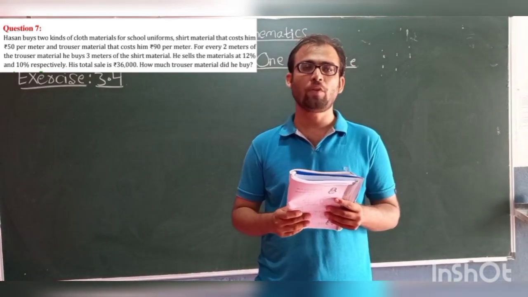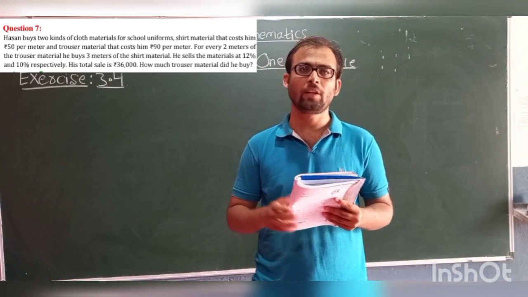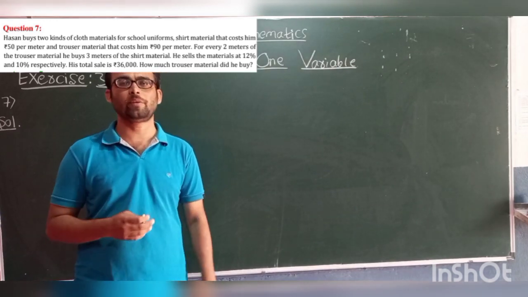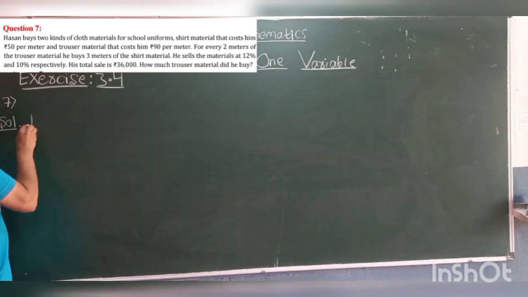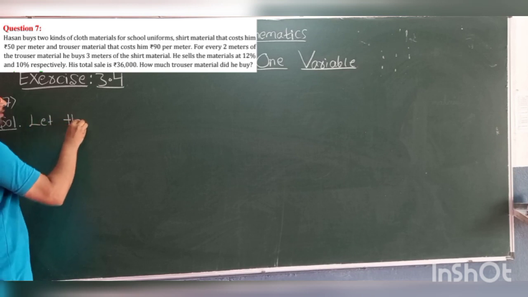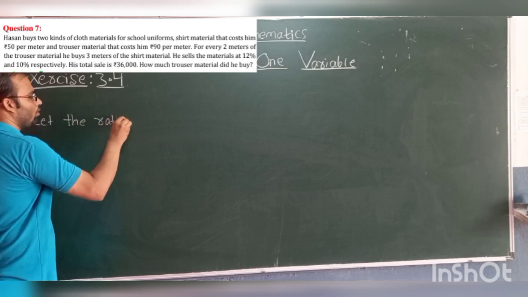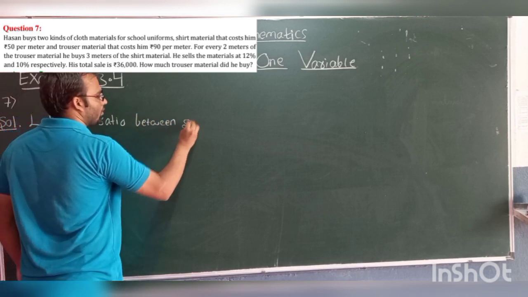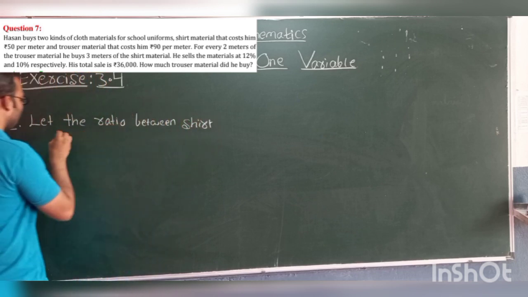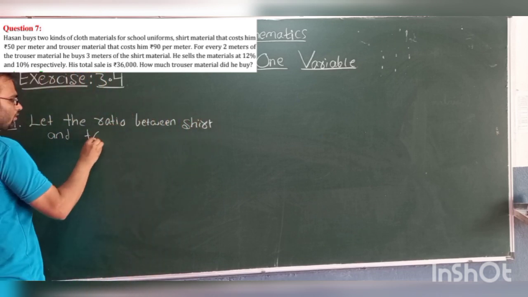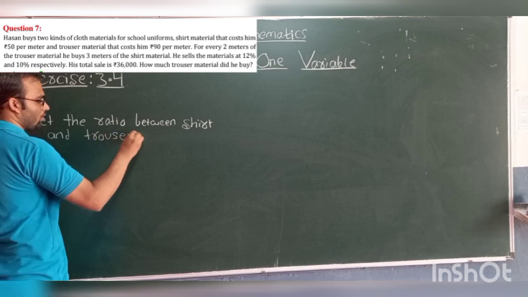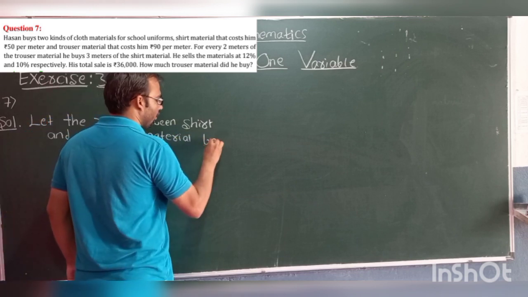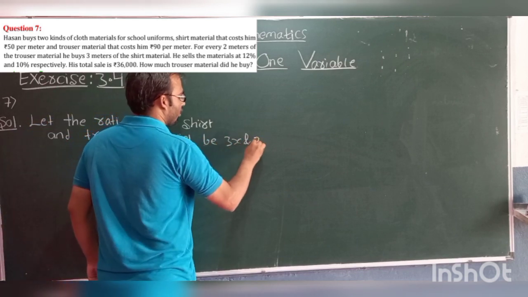Okay, so here what we need to find? We need to find how much trouser material Hassan bought. Students, let the ratio between shirt and trouser material be 3x and 2x.